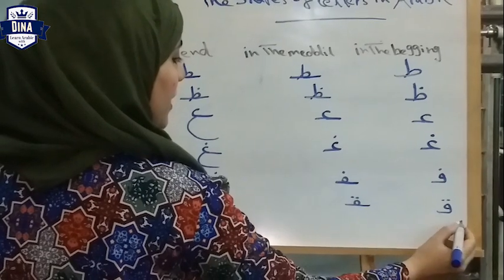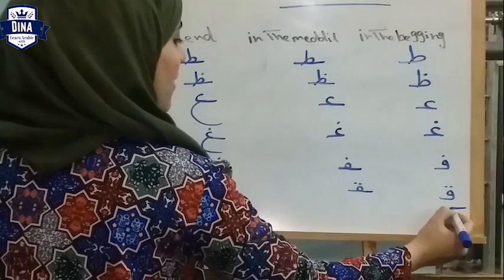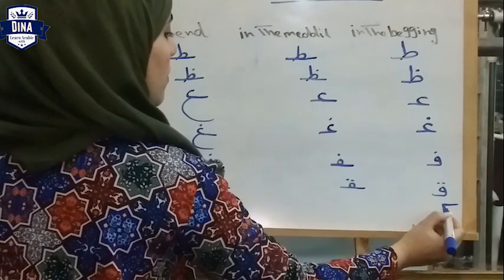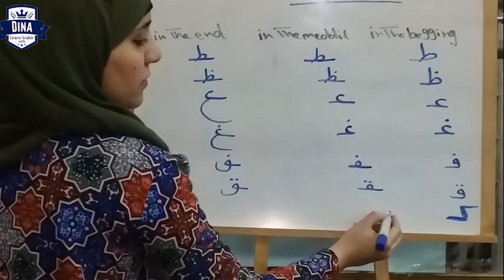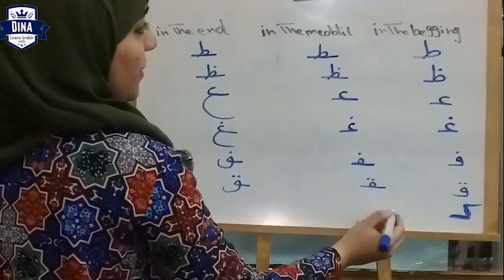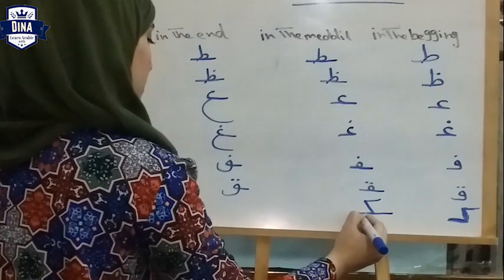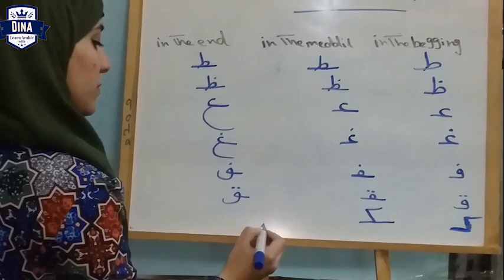كاف. This is the shape of kaf when it's coming in the beginning of word. When kaf is coming in the middle. When kaf is coming in the end of word.